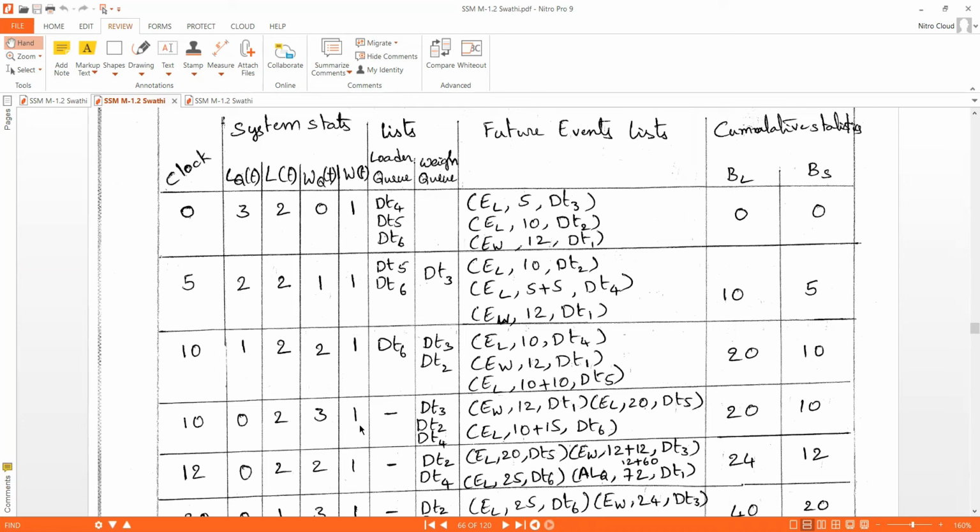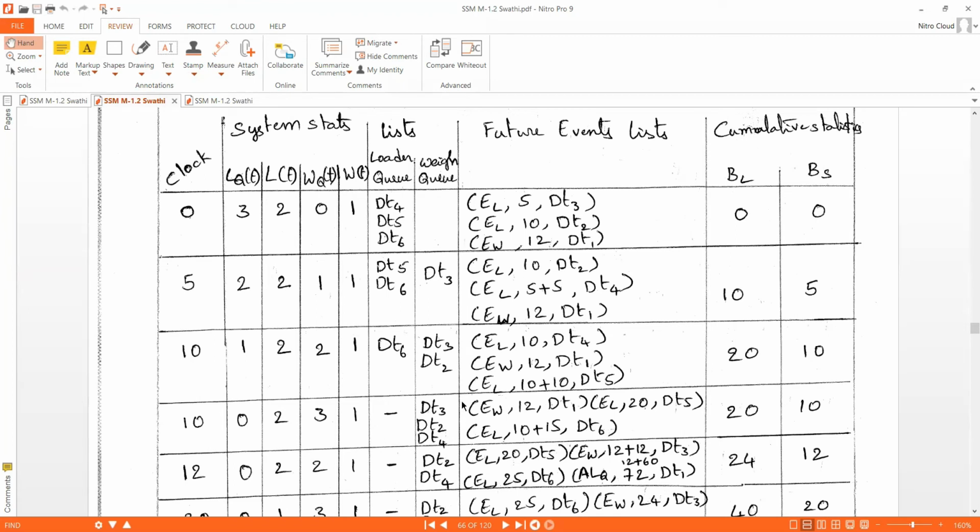Okay, at the scale we have only one truck, that is DT1. So if you see the list, the loader queue is 0. There are no trucks at the loader queue at simulation clock time 10. Then in the weighing queue we have three trucks, that is DT3, DT2 and DT4.